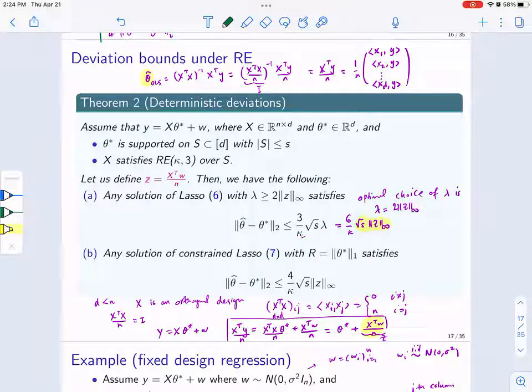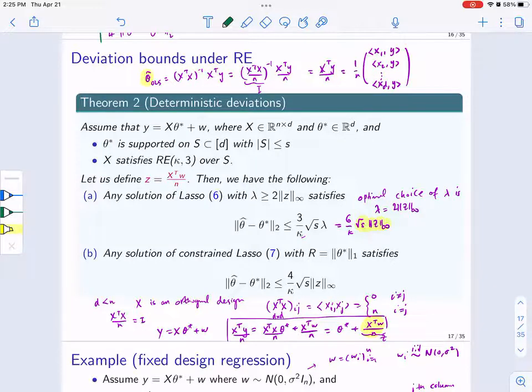There is a 3 that you pay. You can try to work it out. Maybe you can change this constant here. It could be possible to change it, and most likely you could trade off some of these for that. But we'll see in the proof where it comes from.